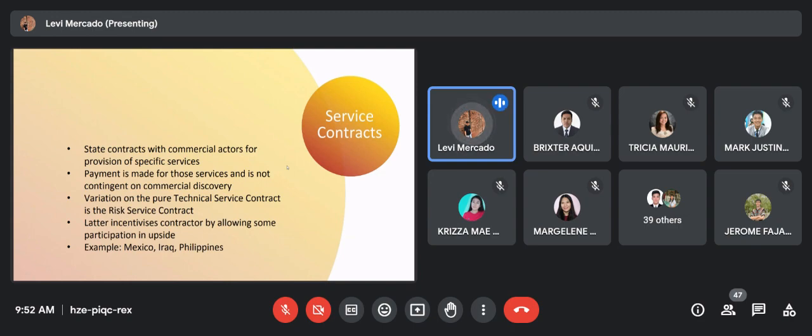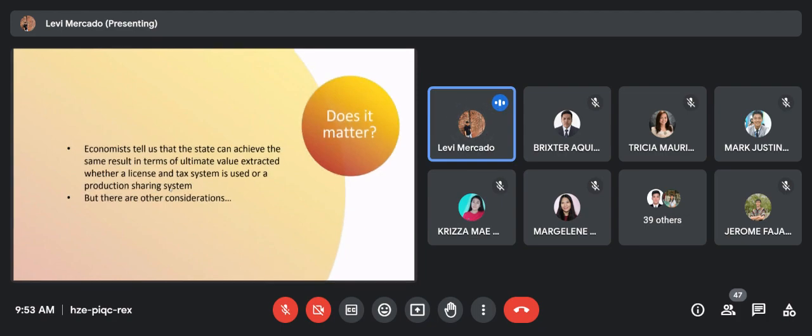Kung hindi siya based sa agreement, iba siya, iba yung service contract, iba yung production sharing agreement, no? Iba pa yung sa licensing and taxation, and allowing access to mineral rights. Okay. So this is matter, of course, it matters because economists tell us the state can achieve the same result in terms of ultimate value extracted. No?